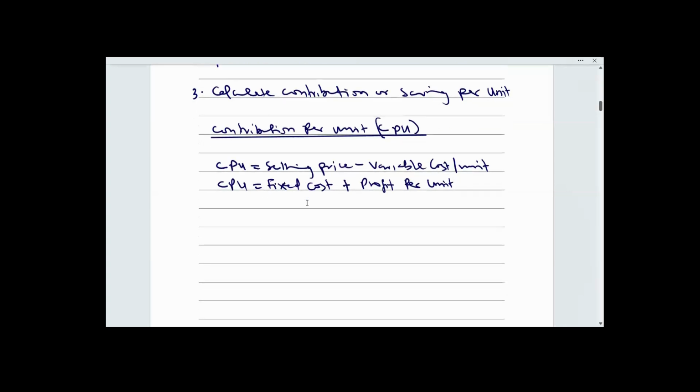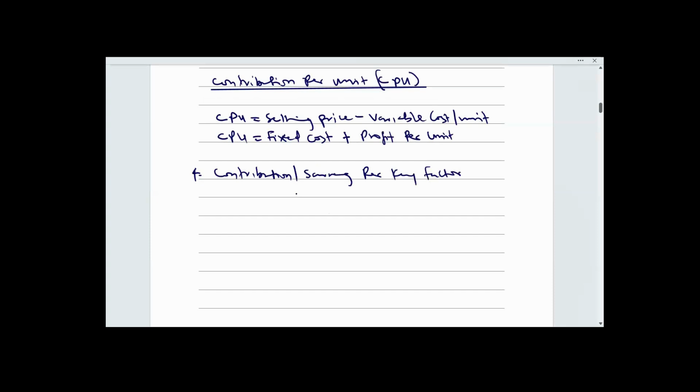Then step number 4, you need to calculate contribution or savings per key factor. Okay, how do you do this? This can be computed using the format below. Let me just show you.